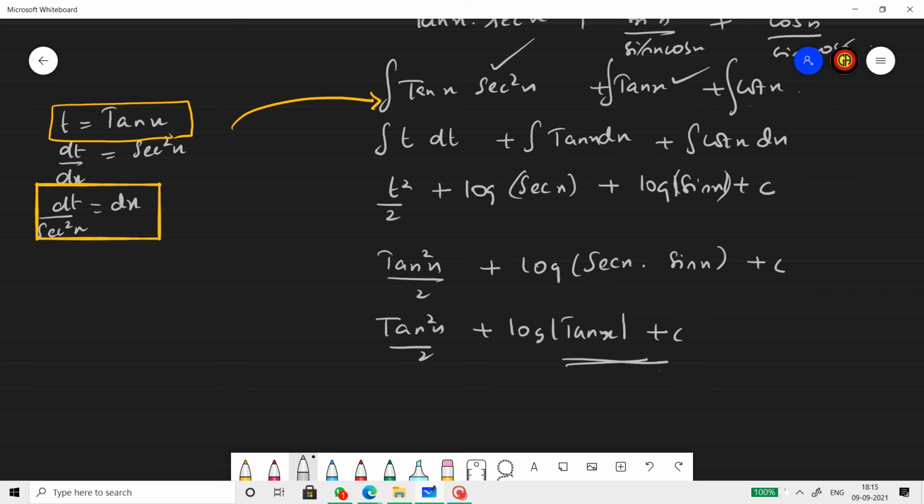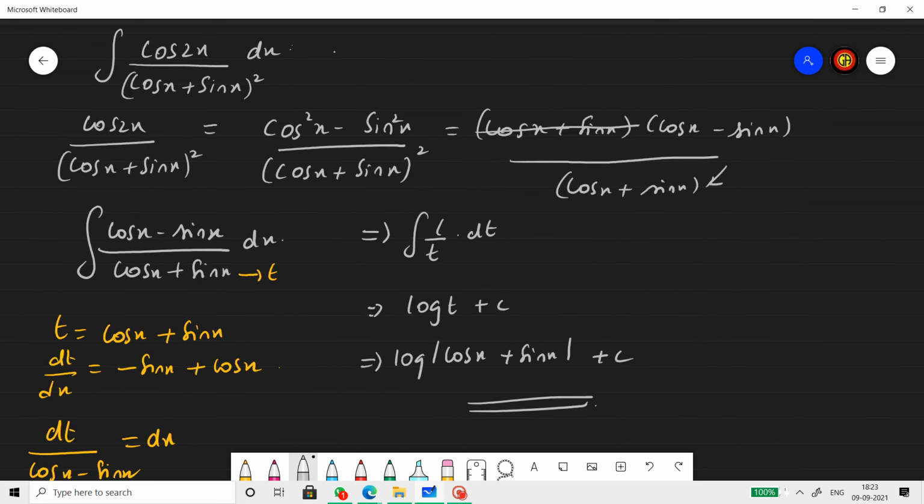And log ab, where sec is 1 by cos, 1 by cos into sine is sine by cos, and sine by cos is tan. So the end answer is tan square x by 2, that is after substituting t, and then plus log mod tan x plus c. Next question, integration of cos 2x by cos x plus sin x the whole square.